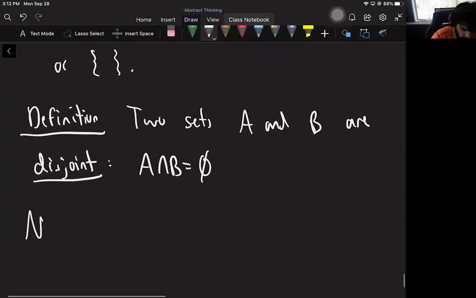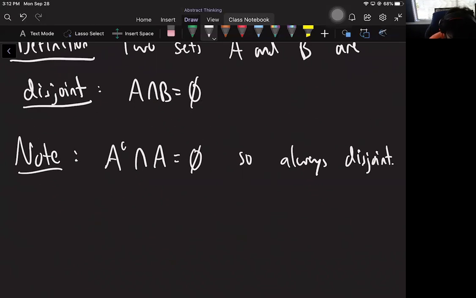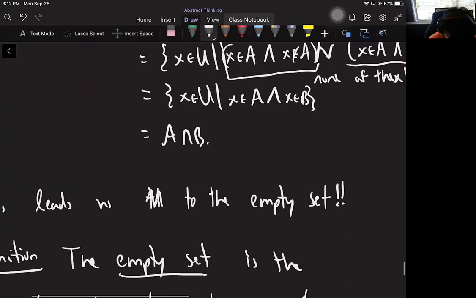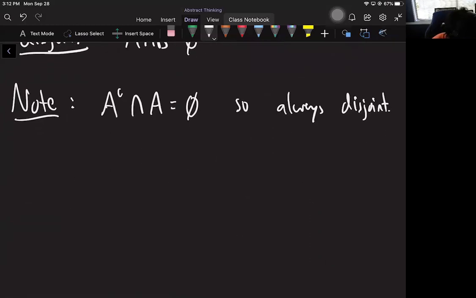And so one property that we just used, but I never said until just now, is that the complement and the set itself, they're always disjoint. Because one is just what's not in the other and vice versa. So that's actually what I used earlier when I did this. What are the things in A and not in A? Nothing. It's the empty set. So it doesn't do anything.